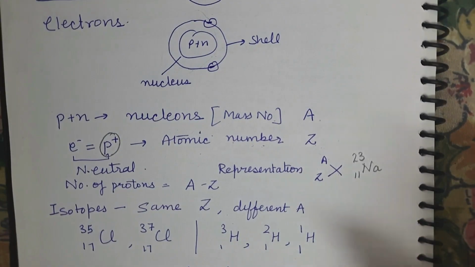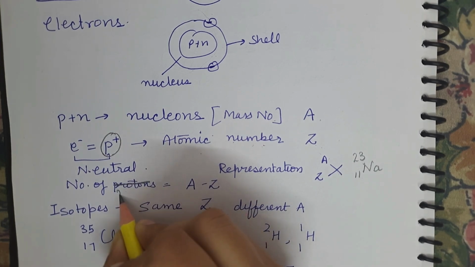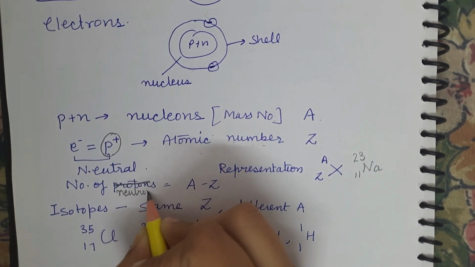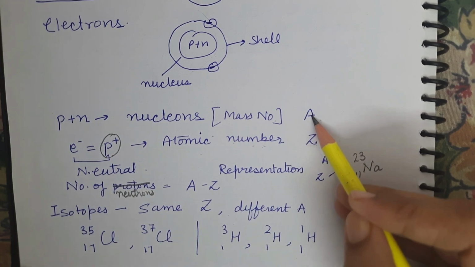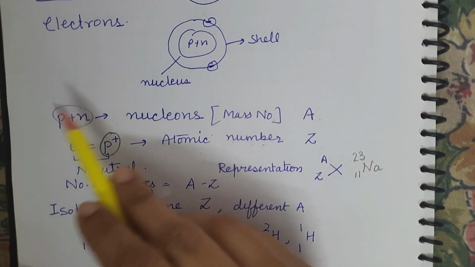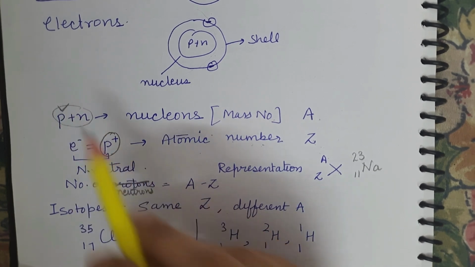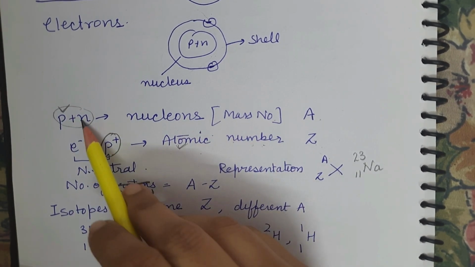Now how do we find the number of neutrons? Not protons, neutrons. The number of neutrons is found by subtracting Z from A. That is, if from the proton and neutron number I subtract the proton number, which is given by the atomic number, I will definitely get my number of neutrons.